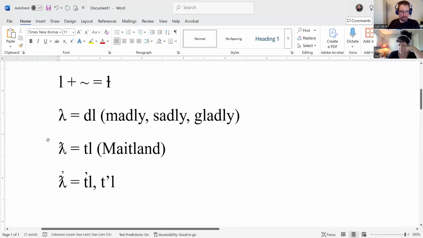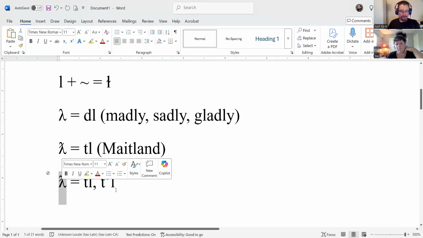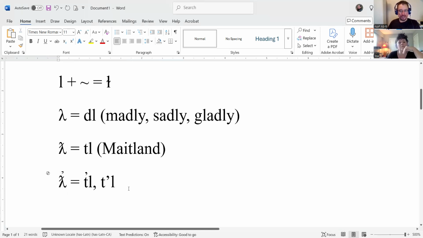So it's similar to the barred lambda, where it makes that TL sound, but that apostrophe makes it more pronounced. So instead of making a TL sound, now we're saying T'L. So for an example, in Haisla, tlati.